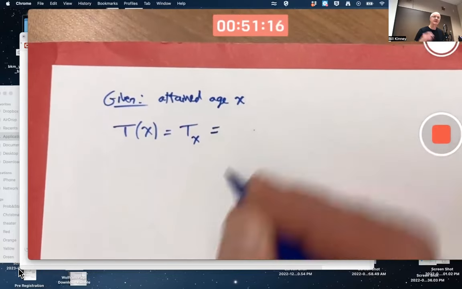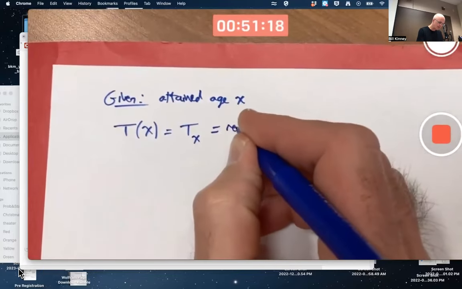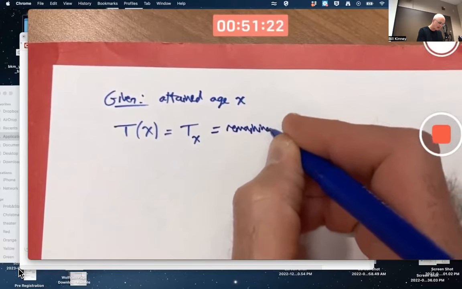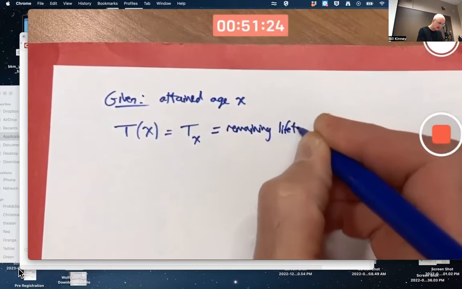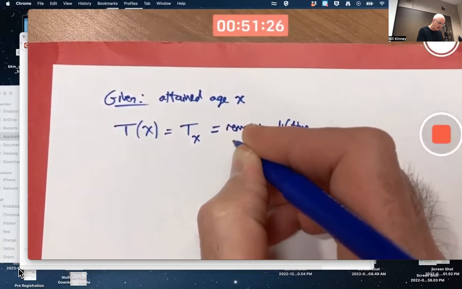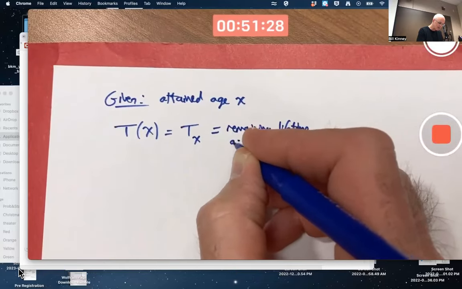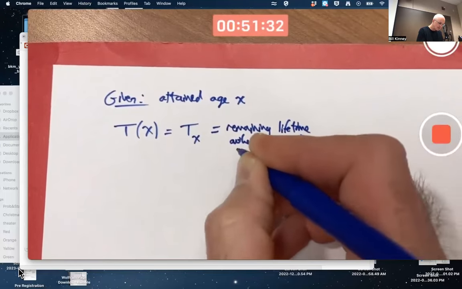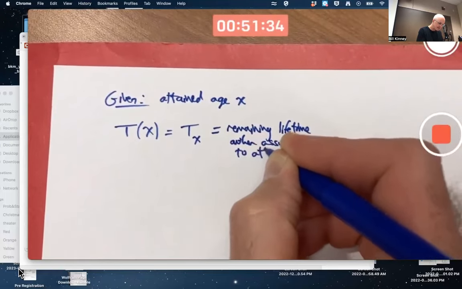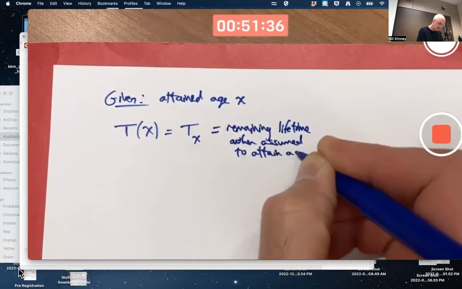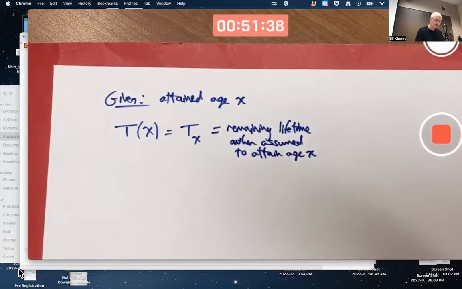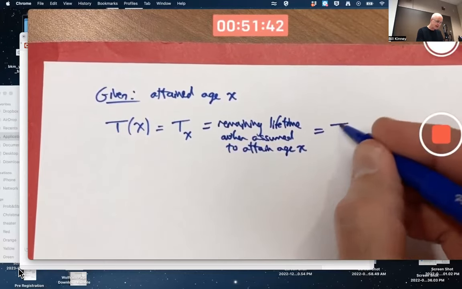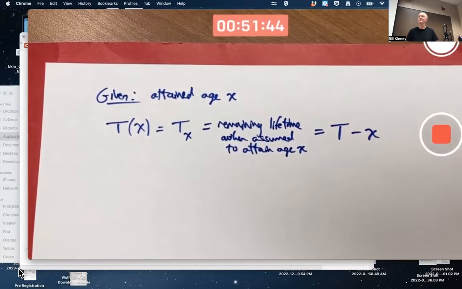What is this defined to be? It's going to be the remaining lifetime when assumed to attain age X. When the person or the refrigerator has been assumed to reach age X, it's T minus X. Doesn't that make sense?